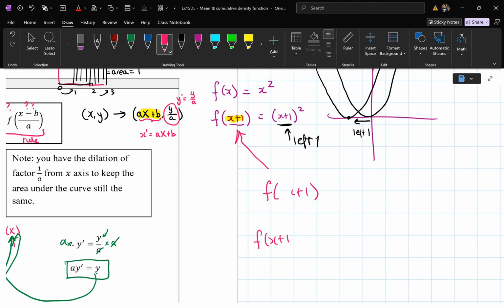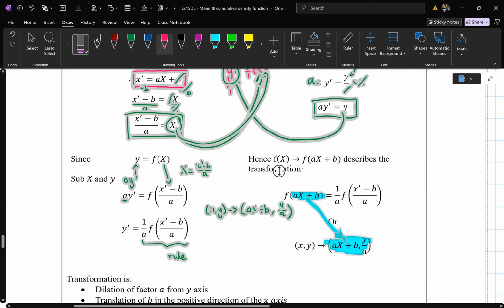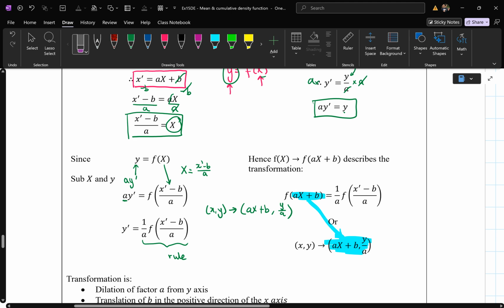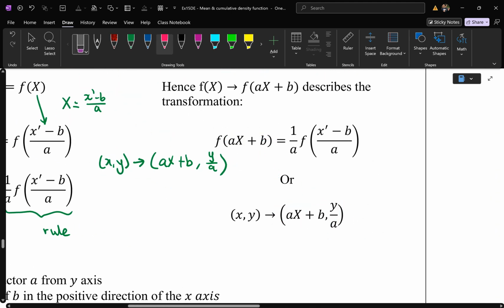If I take off that 2, that usually means left 1. This here actually means right 1. That's the difference between the two. One is actually looking at the rule and one is actually looking at the transformation that I want. Okay, so hopefully that clarifies that misunderstanding that I may have not addressed in class.